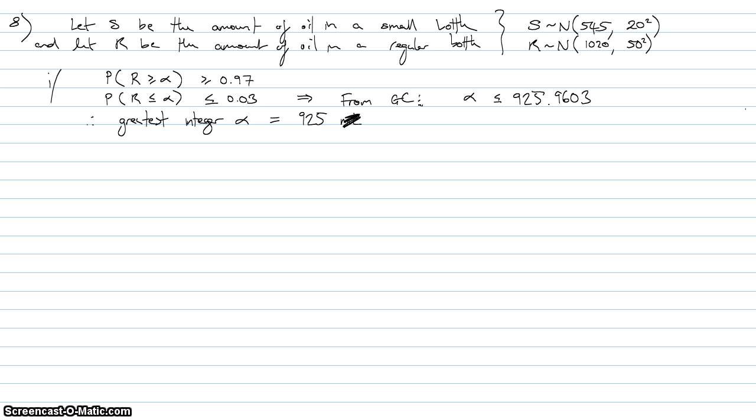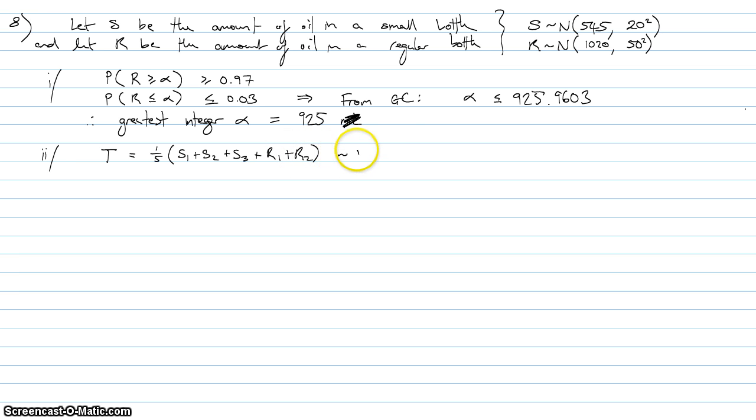Right, part 2. Find the probability that the mean of 3 small bottles and 2 regular bottles of cooking oil is less than 730 milliliters. So the mean of 3 small bottles and 2 regular bottles. I'm going to define a new variable T, and this is going to be the mean, so S1 plus S2 plus S3 plus R1 plus R2, all divided by 5.